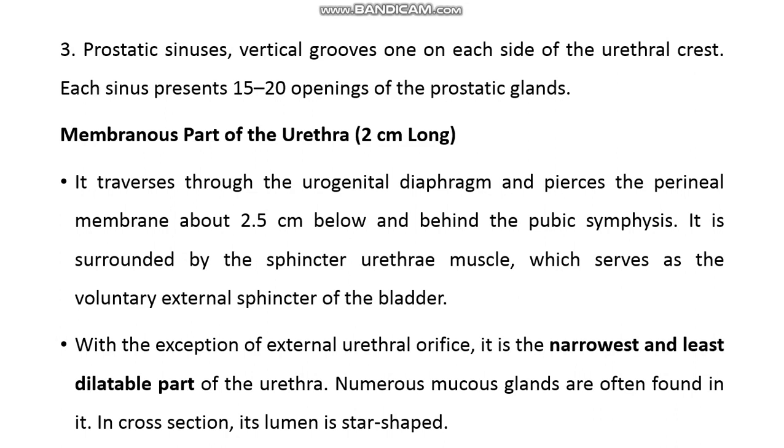Then the second important part is the membranous part of the urethra, which is 2 cm in length. As its name indicates, it travels through the urogenital diaphragm and pierces the perineal membrane about 2.5 cm below and behind the symphysis pubis. Hence it is called the membranous part of the urethra.